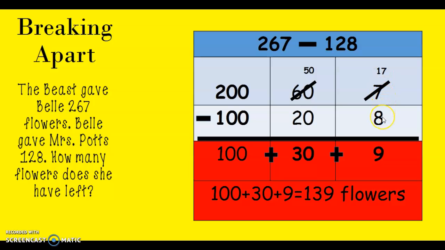We're taking 17 minus 8 away now, which is 9. We're taking 20 away from 50, which is 30. And then 200 minus 100, 139. And then obviously when you move it from expanded form into standard form, you have 139 flowers.